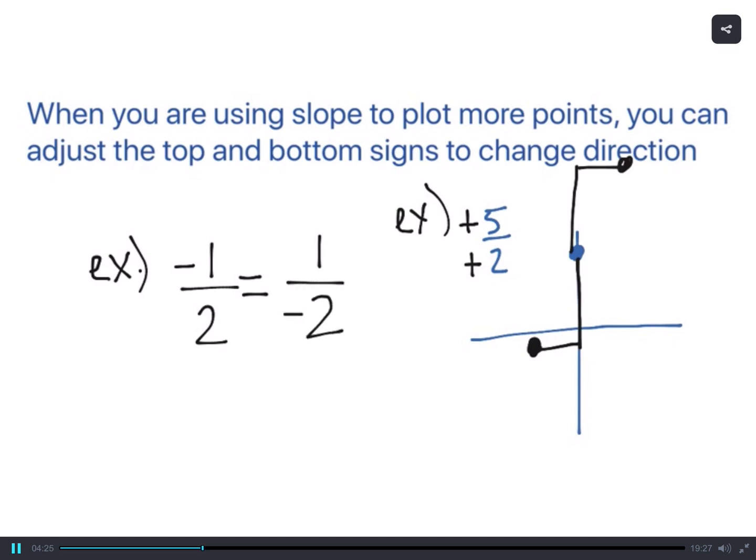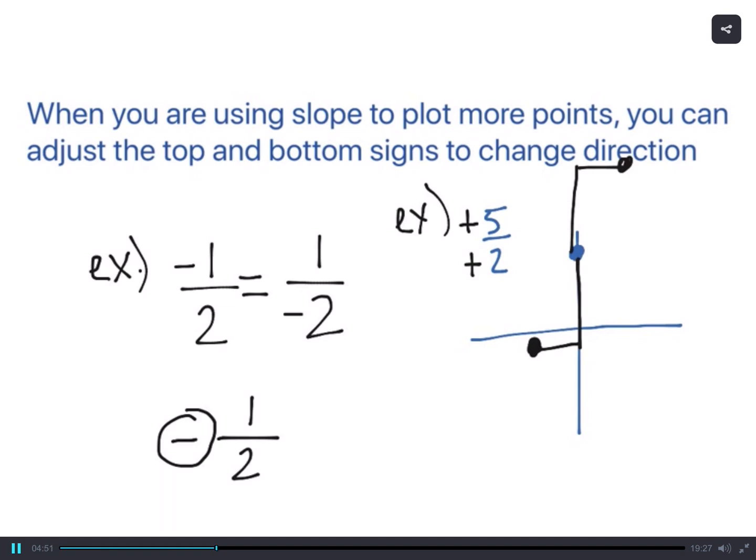Now, I did mention this in a prior lesson that it doesn't change the value of fractions when you move the negative sign. It's just the same as if it was right in the middle where the fraction bar is. But when we're doing rise and run, it's not helpful to have it right in the middle. We need to assign that negative to go with either the top number or the bottom number.